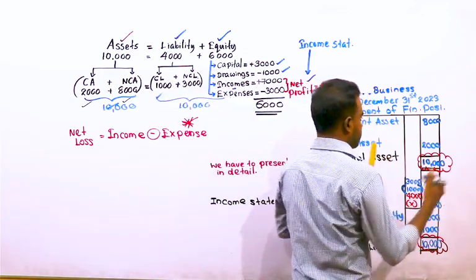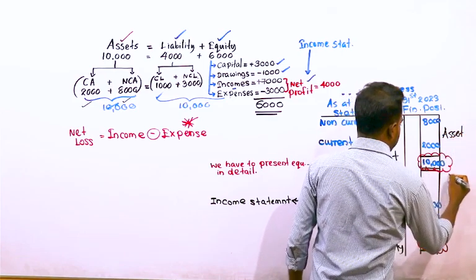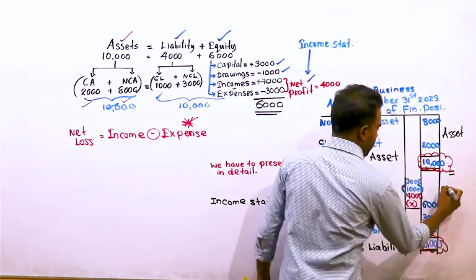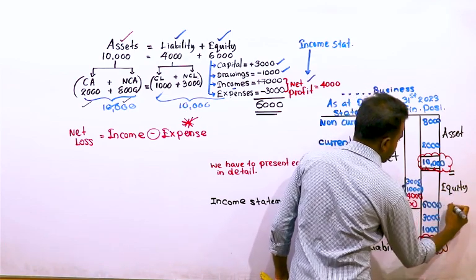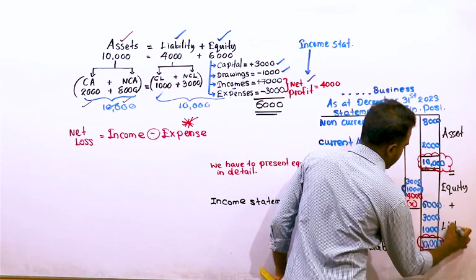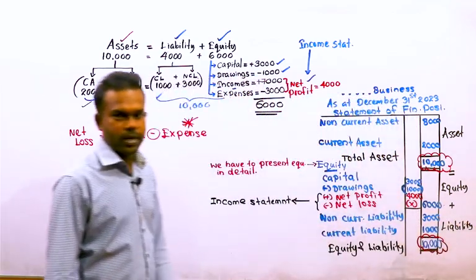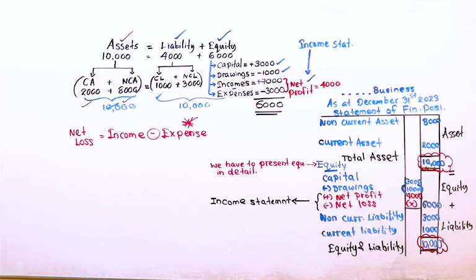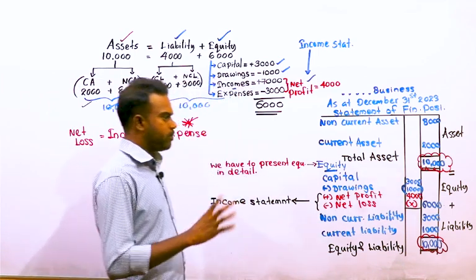Asset equals equity plus liability. Right? Did you see the equation? But present it in detail, no? Very easy, huh? Keep in mind.